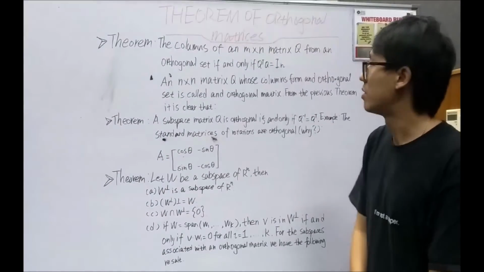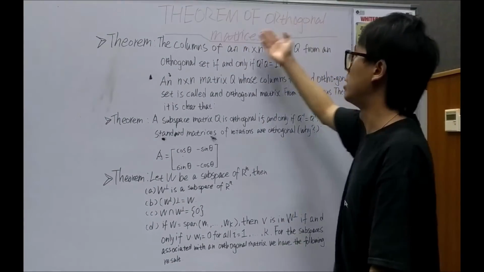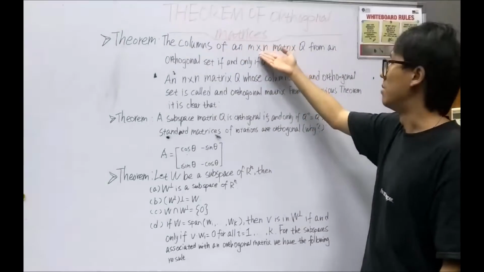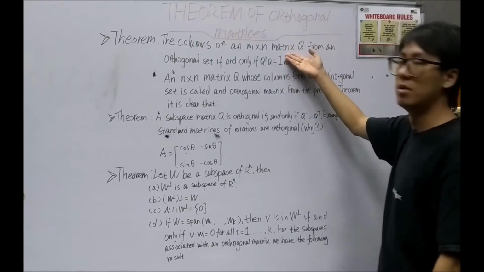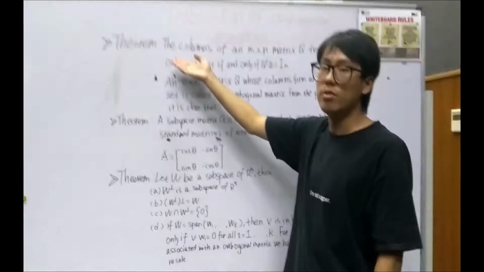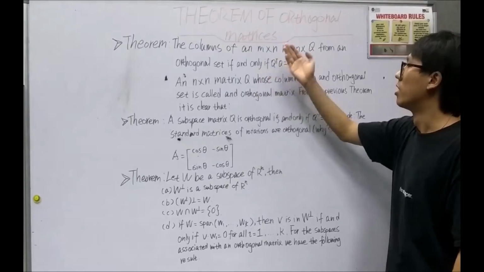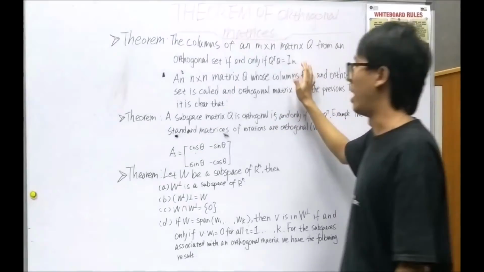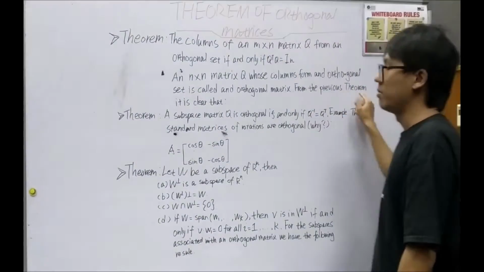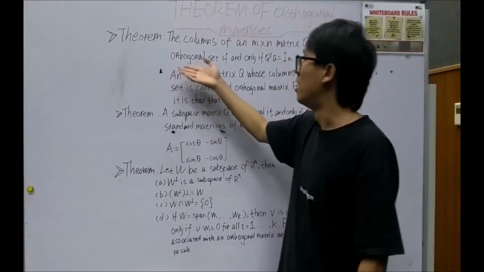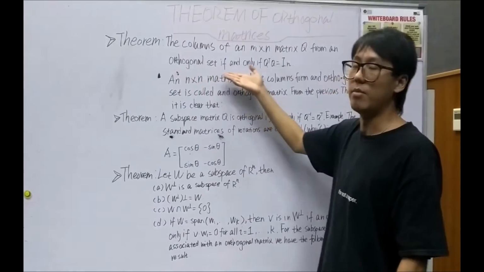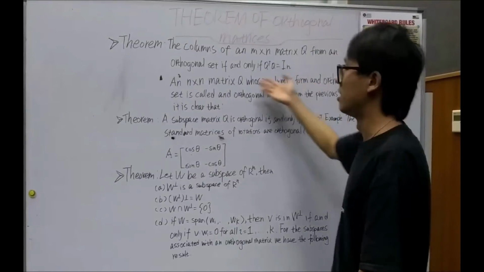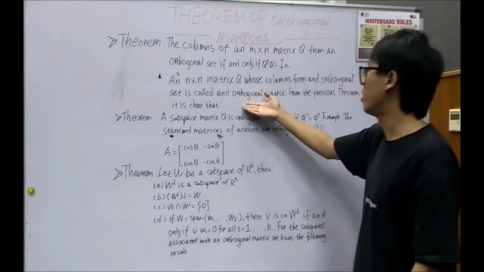Hello guys, today I want to explain the theorem of orthogonal matrices. The first one: the columns of an m times n matrix Q form an orthogonal set if and only if the transpose of Q times Q equals I_n. From the previous theorem, it is clear that an n times n matrix Q whose columns form an orthogonal set is called an orthogonal matrix.